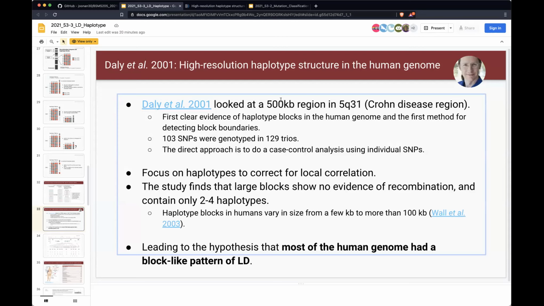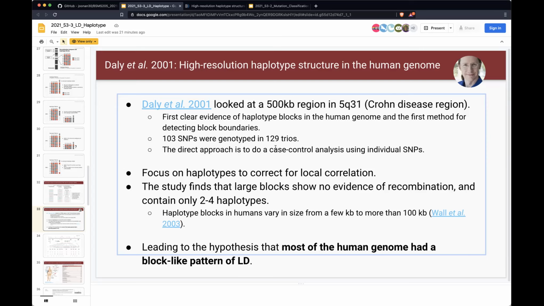He was looking at a 500 kilobase region on chromosome 5, the 5q31 region, which is known to be a Crohn's disease region, because he worked in that area at the time. He first looked at haplotype patterns across many people in the world, around 129 trios, which are parents and offspring.